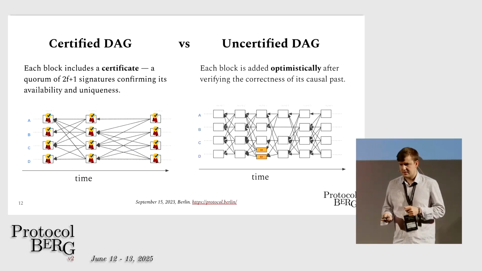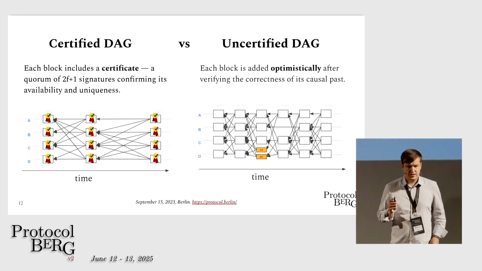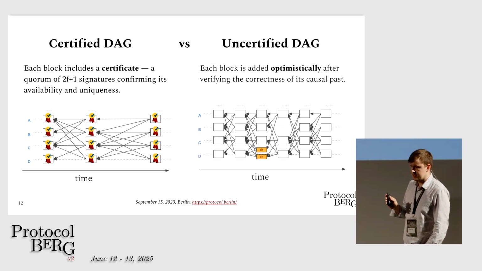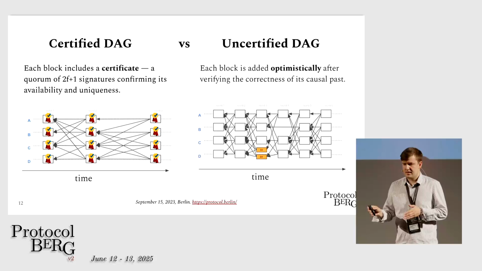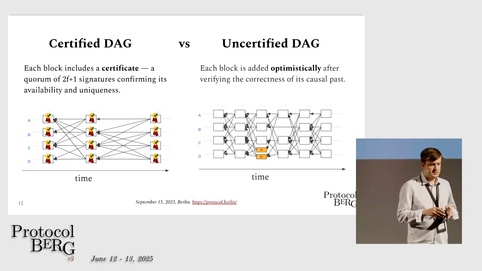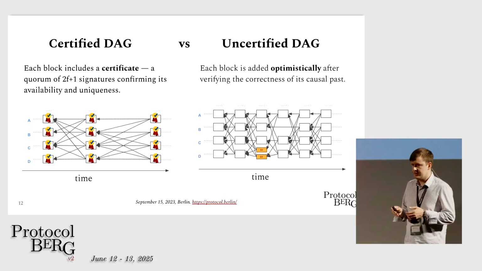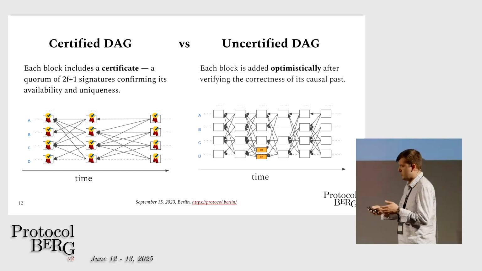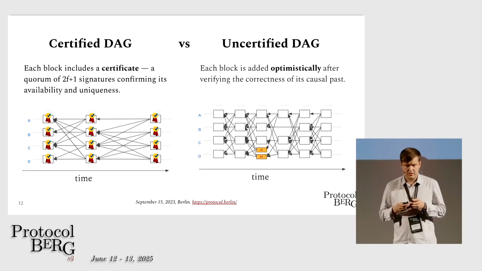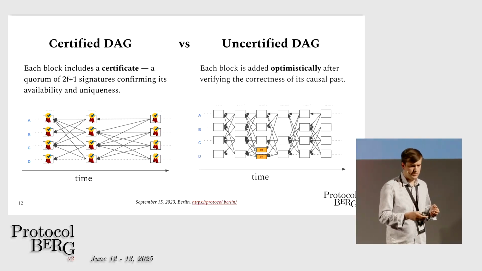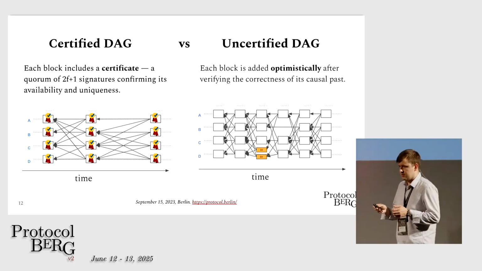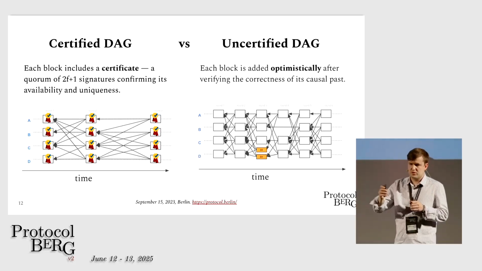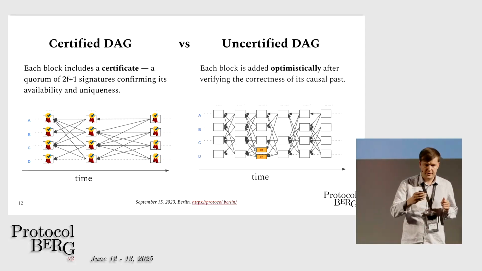Okay, and the next thing is that there are typically just two types of DAGs that are considered in the literature. The first one is certified DAGs, where each block can be seen as a certificate, meaning that before adding such a block into your local DAG, you need to ensure that this block is already well disseminated. The block creator is basically responsible for providing such a certificate.